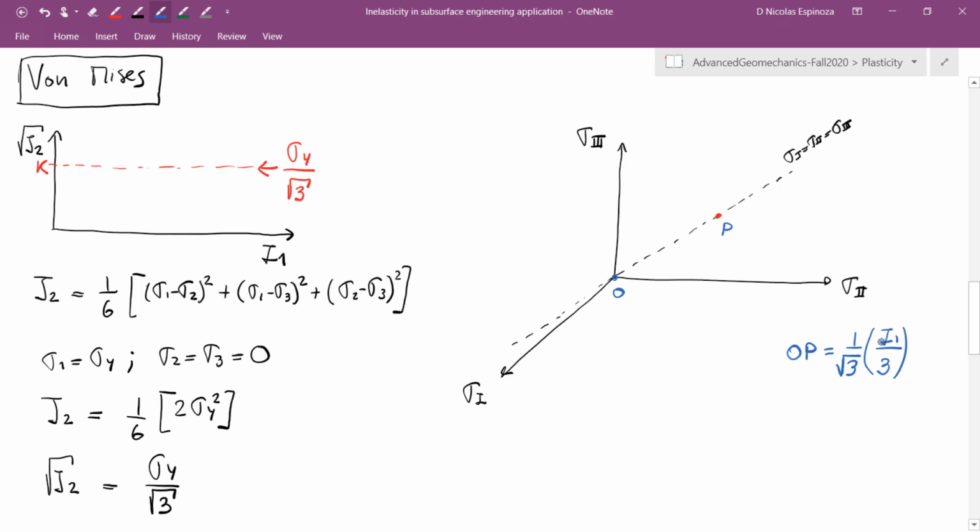And the distance from the hydrostatic axis to any point is going to be given by J2. And let's go ahead now and draw a cross section of this surface with a plane perpendicular to the hydrostatic axis, and it's going to look like this.